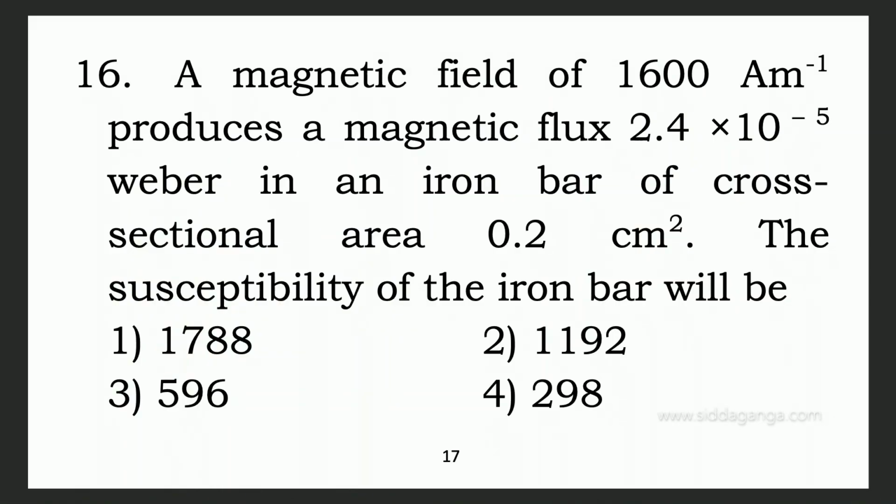A magnetic field of 1600 ampere per meter produces a flux in an iron bar of cross-section area 0.2 centimeter square. The susceptibility of the iron bar will be?